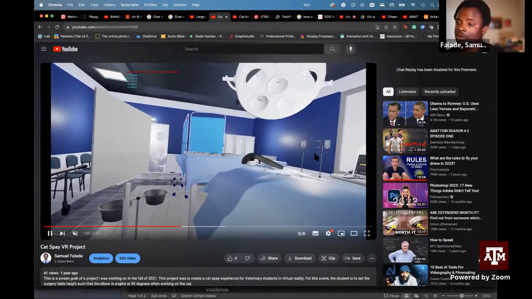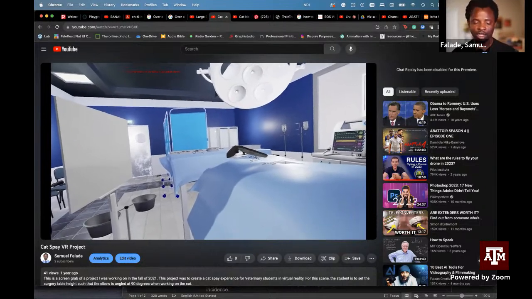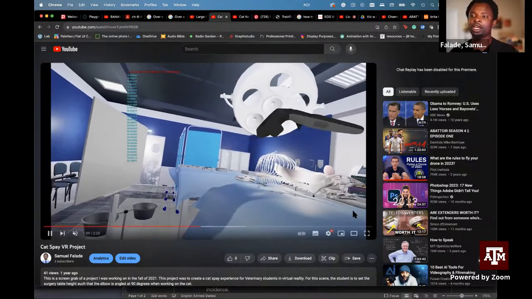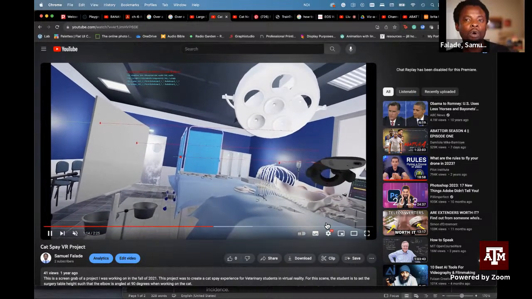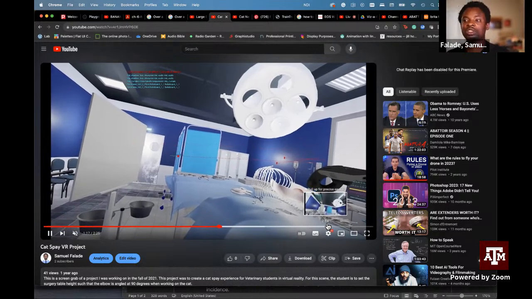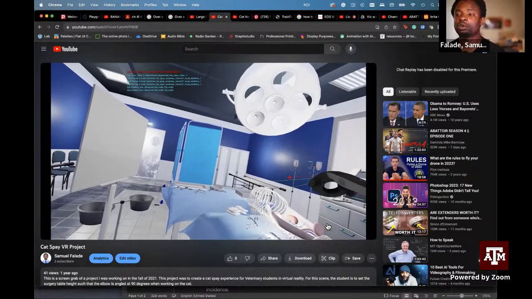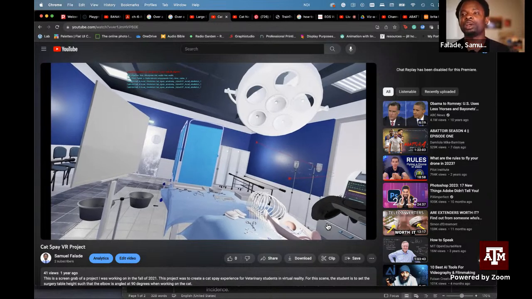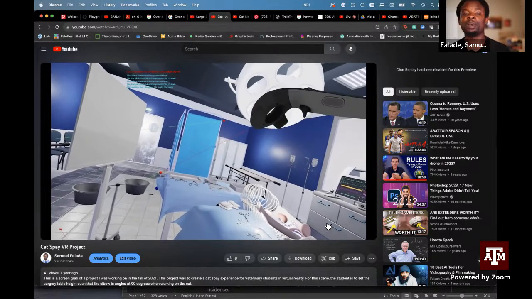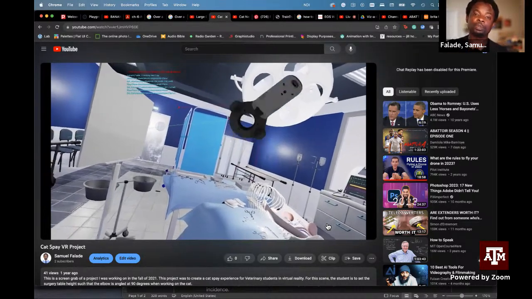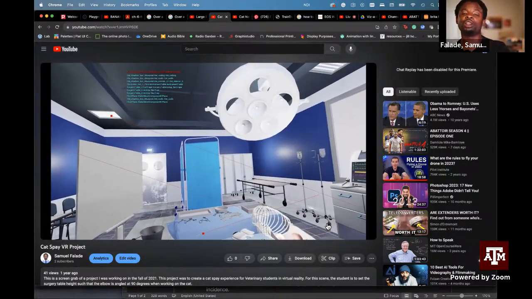For example, looking at this one, beyond performing the operation on the cat, blood coming out and all that, we also built in a system such that for veterinary students who are just starting out, maybe they've not even been introduced to the whole idea of surgery itself, they could still engage with the application and learn about the tools or the internal structures of the animal by pointing, or maybe trying to name it, and then they point and see what the actual name is.